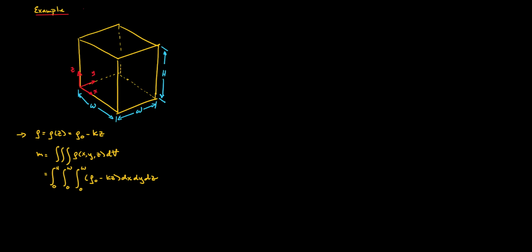So the nice thing here is that we can split up this integral. And so we know that rho naught is a constant, as is k. So we can just say that rho naught is being multiplied by the integral from 0 to h, 0 to w, and 0 to w of dx, dy, dz, minus, and then we can take the k out of the integral as well, because it is a constant.